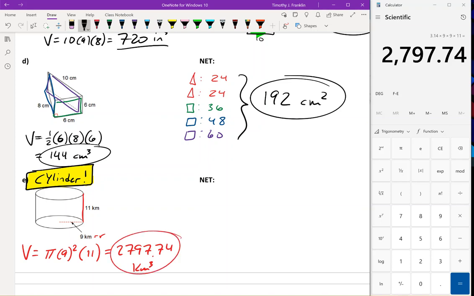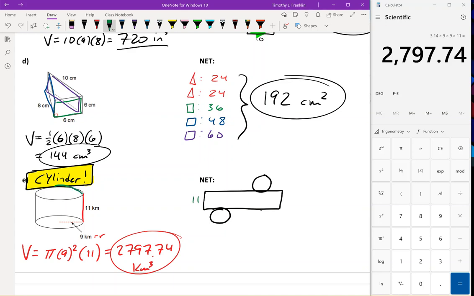Now, the surface area is a little trickier, and it might help to consider the net here. So this is what the net of a cylinder looks like. We have the 2 circles, top and bottom, and then we have the curved surface, which is actually, if you unroll it, a rectangle. The width of this rectangle is the height of the cylinder, which is 11.